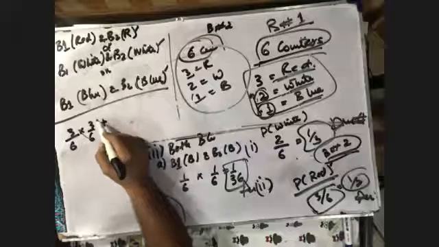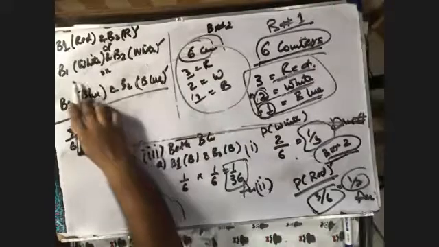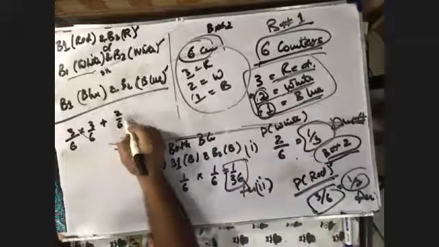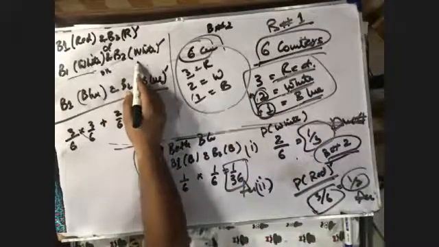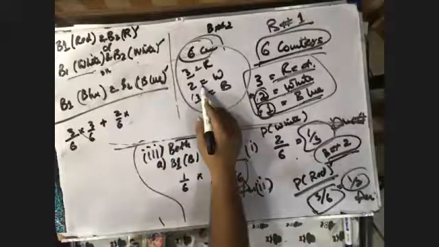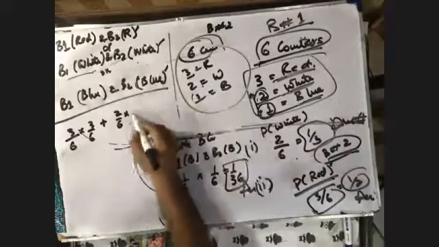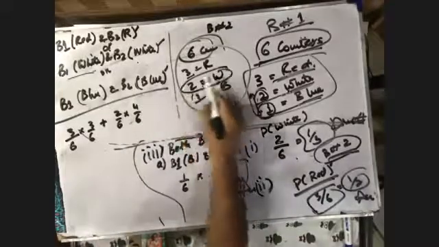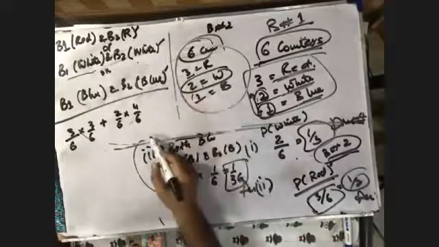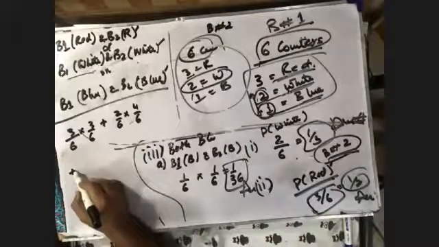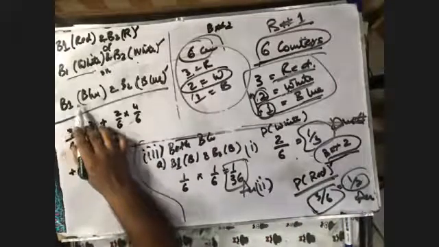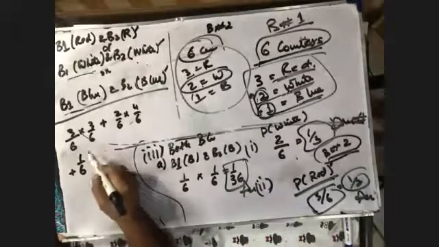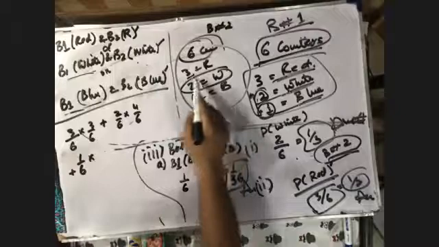Or bag 1 white, white is 2 out of 6, and back to not white, 4 out of 6. Or bag 1 blue, blue is 1 out of 6, and back to not blue, 5 out of 6.